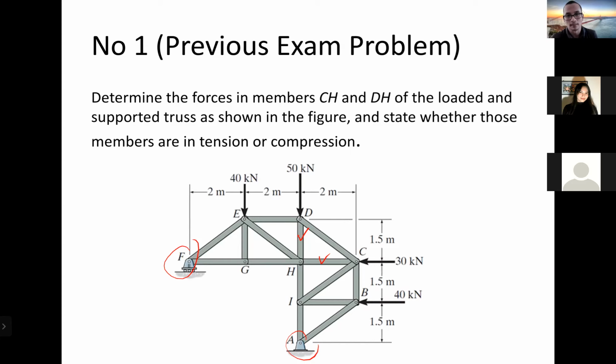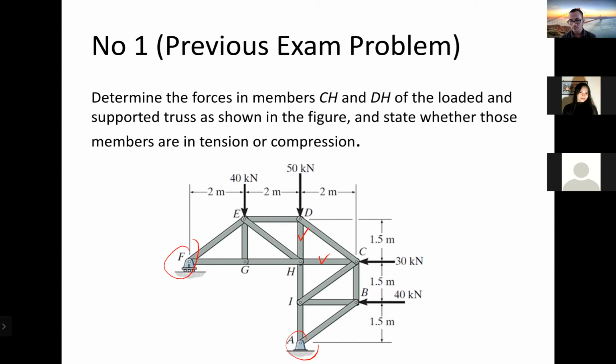Nope. Okay then, in that case, I will continue. After you find out the Ay, Ax, Fy, the next question is where we're supposed to cut it, right or not? Yes, sir. Okay.